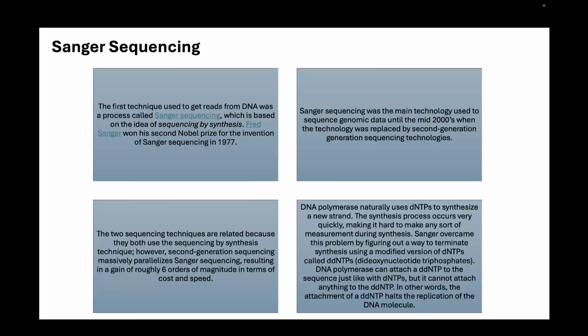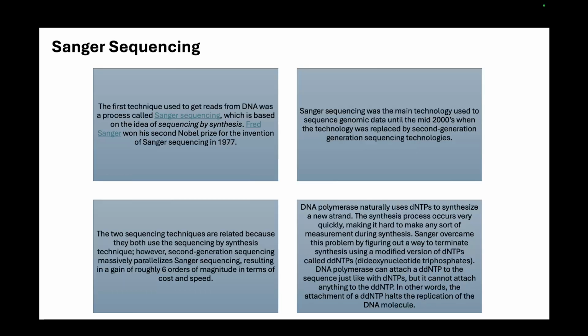So Sanger overcame this problem by figuring out a way to terminate the synthesis using a modified version of dNTPs called ddNTPs, dideoxynucleotide triphosphates. Normal dNTPs have only one deoxyribose, whereas this is a dideoxynucleotide, so it has two deoxy. The two OHs have been converted to H, so it's called ddNTPs.